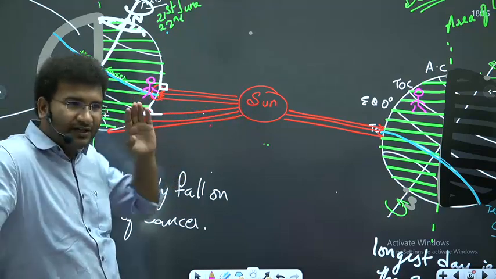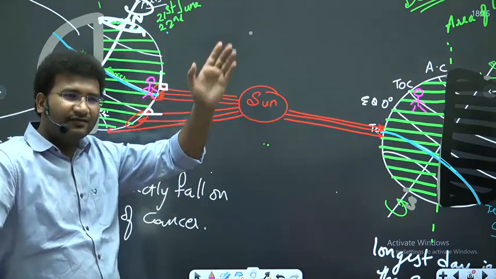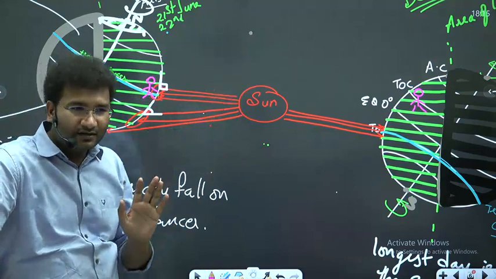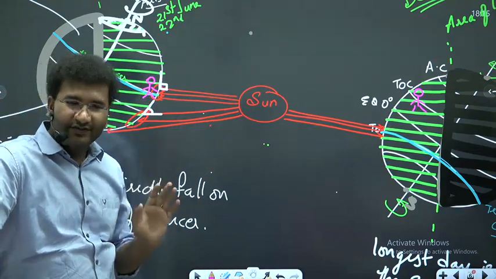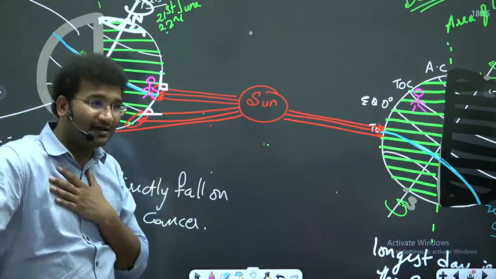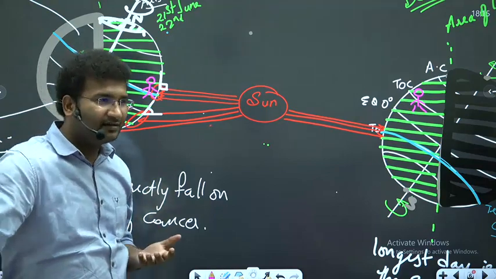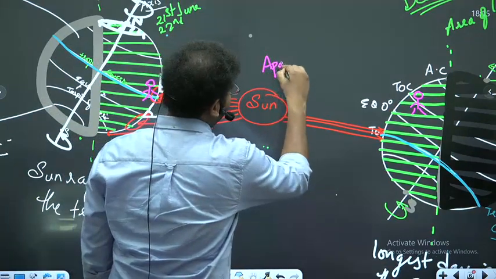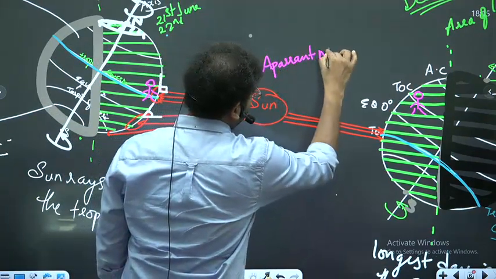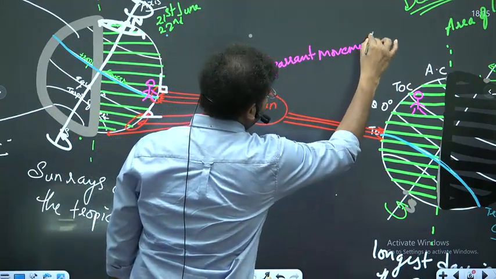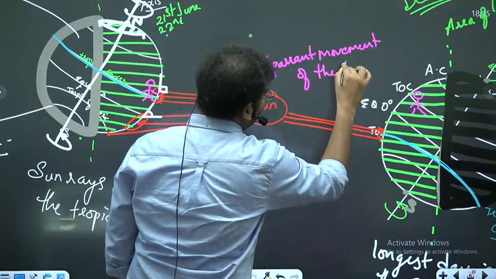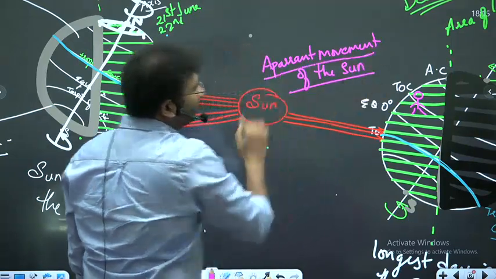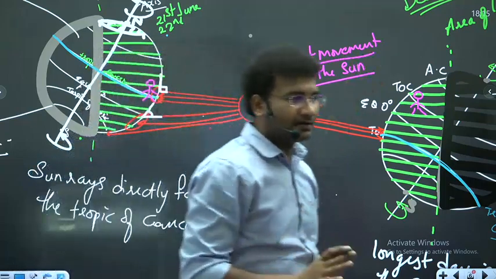For this person, when he is looking, he feels that there is a shift in the sun's position, right? Now, this shift in the sun's position with respect to man, we call it as apparent movement of the sun. In fact, the sun do not move, but we feel it to be apparent, right?